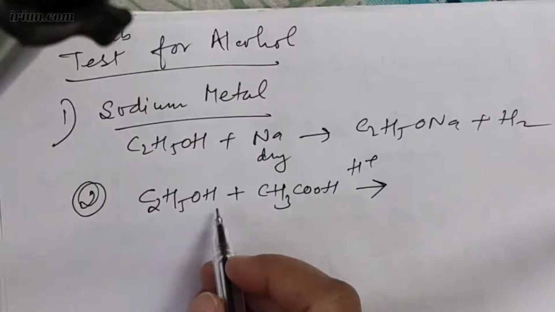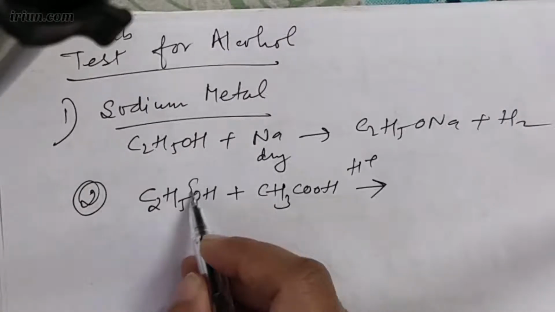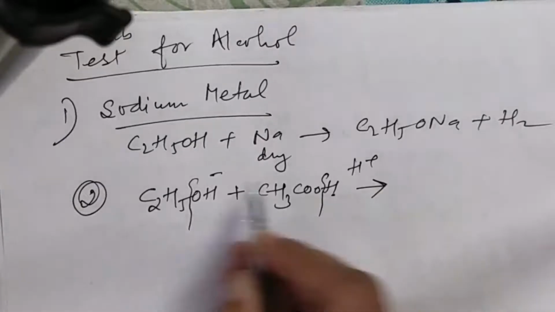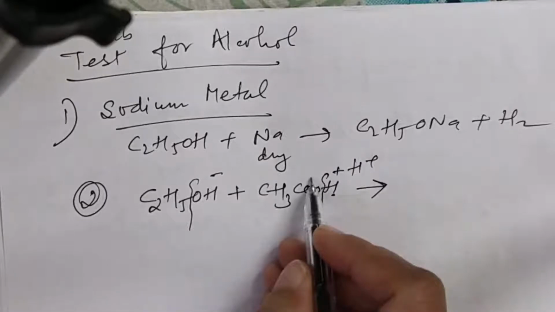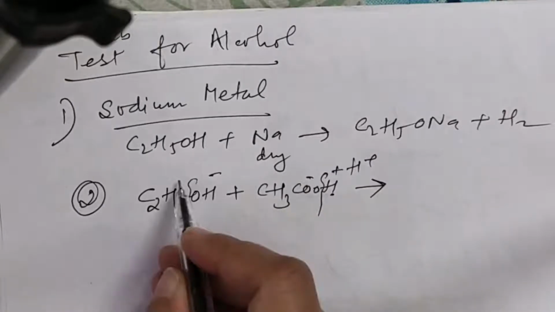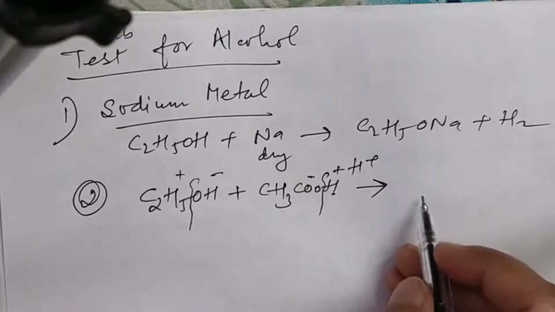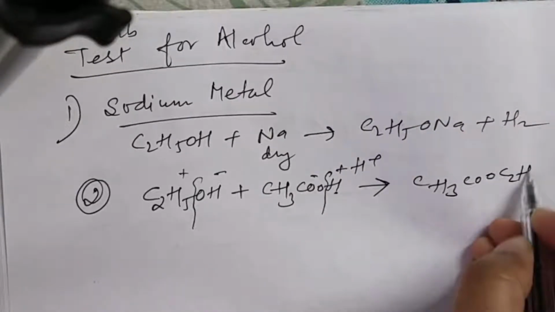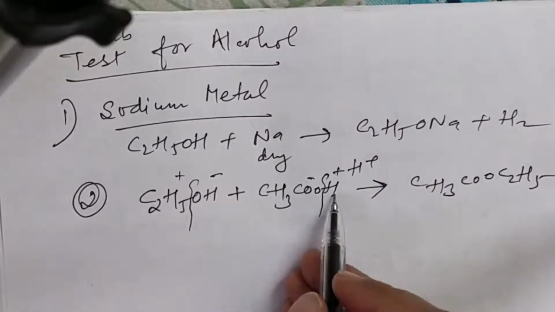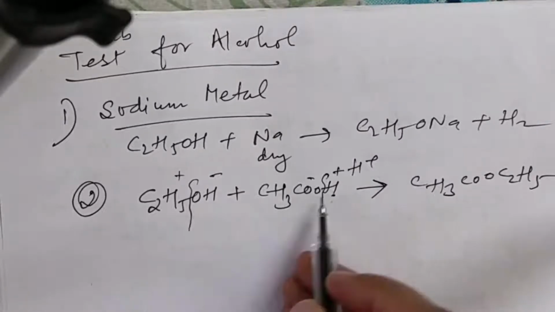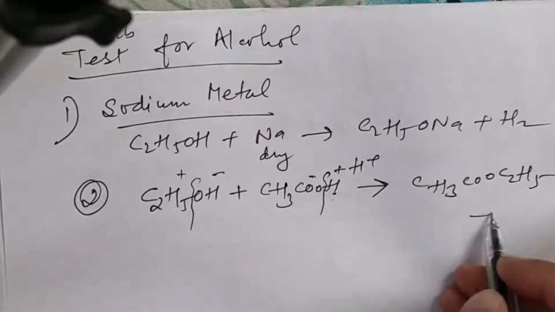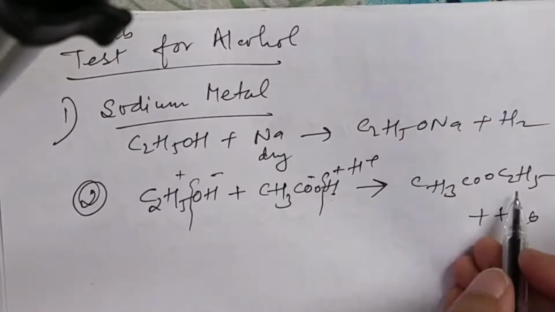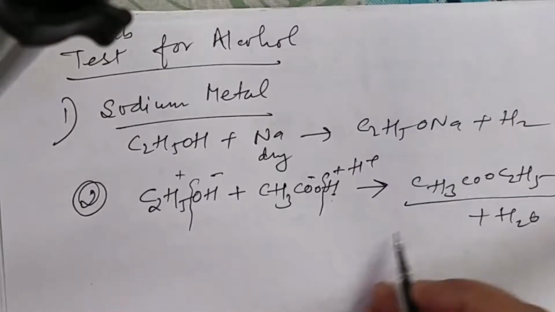How is the water molecule removed? H positive and OH negative are removed, and the remaining positive and negative parts combine in such a way that there is the formation of ester. We have removed the H positive and OH negative in the form of water, and then the remaining parts attach to form a compound called ester.